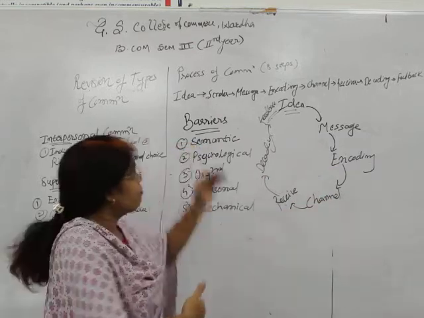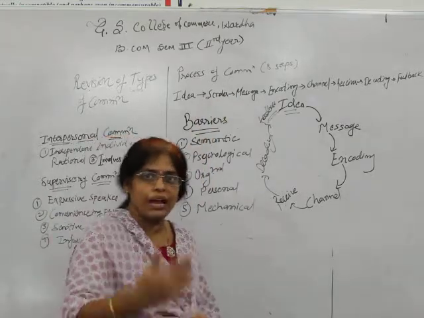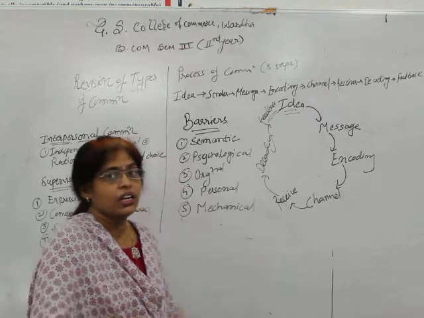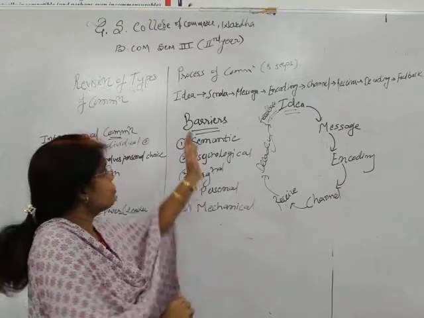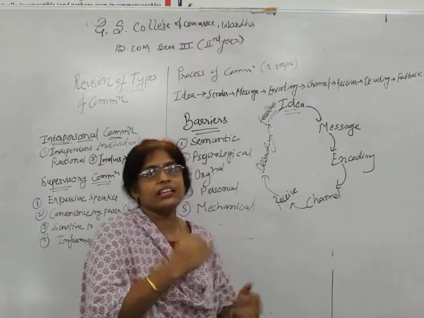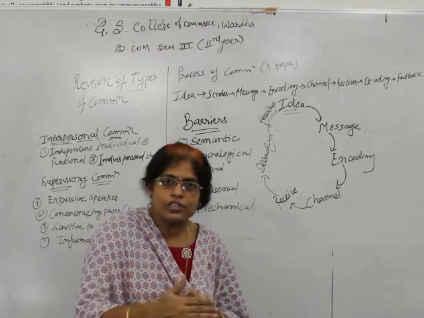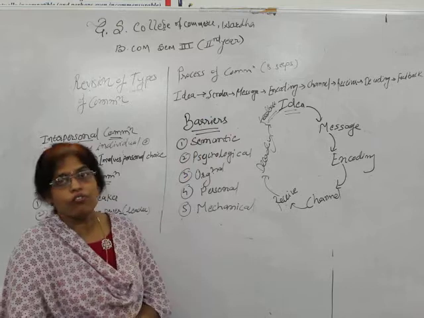Now why have I repeated this process of communication? Because to understand the barriers in the process of communication, you need to first understand the process of communication, because barriers are based on it. What are the difficulties and hurdles which keep recurring in the process of communication?